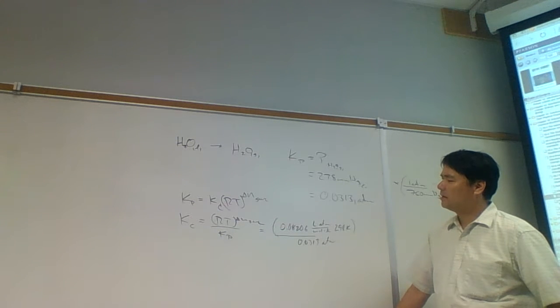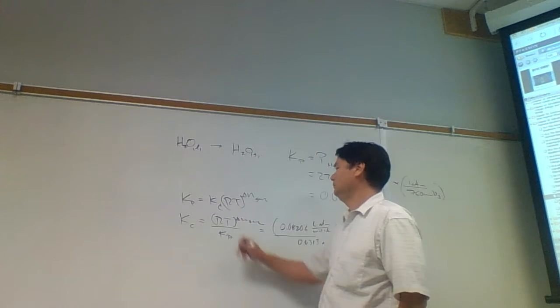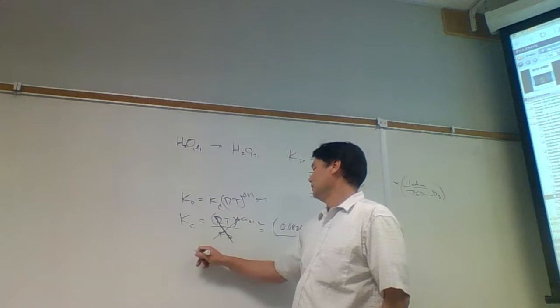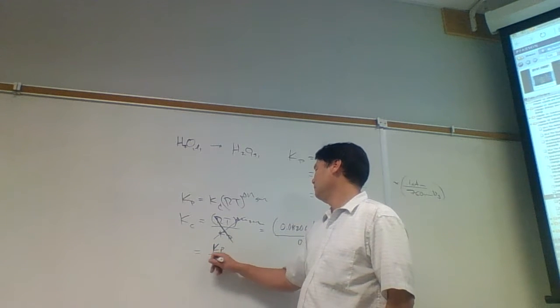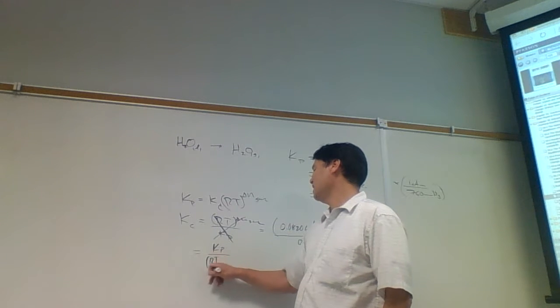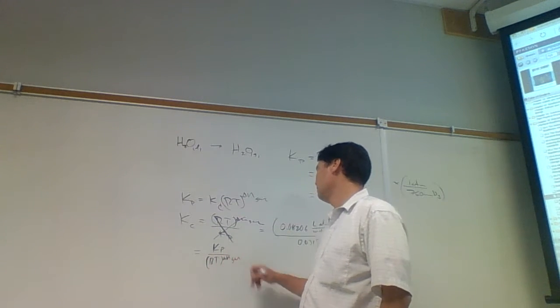Did I screw this up? Yeah, I did. I screwed this up. Do you see it? Good thing I checked. You know why I screwed this up? 1 over Kc.